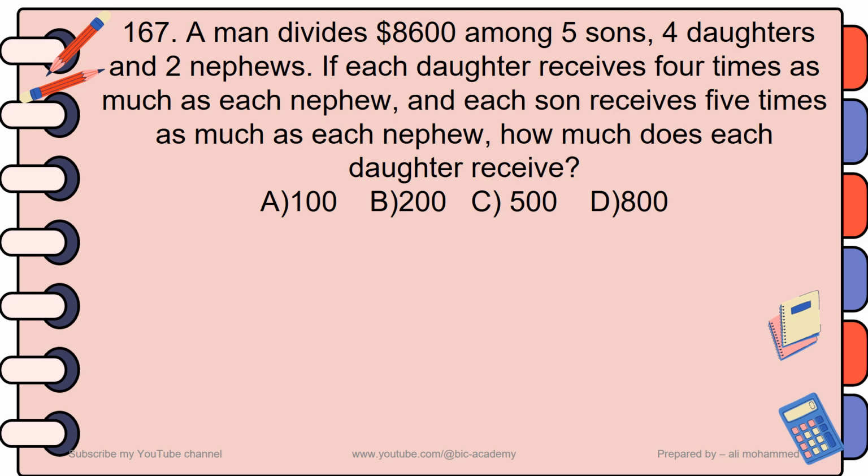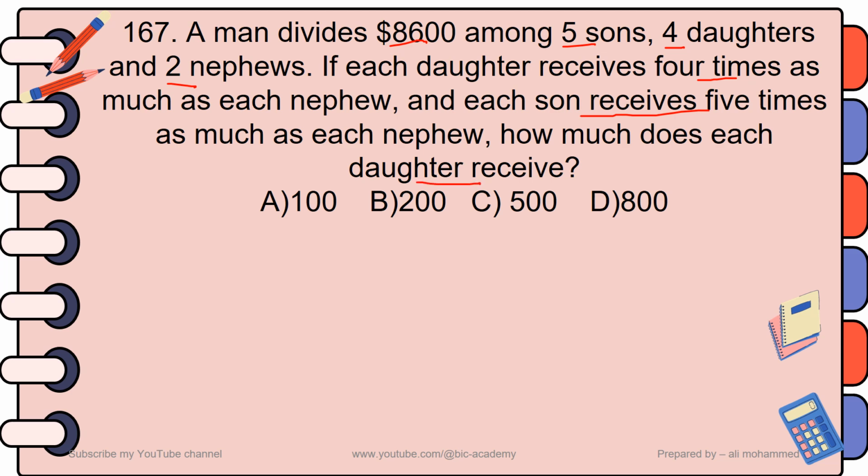Question number 167. A man divides $8,600 among 5 sons, 4 daughters, and 2 nephews. If each daughter receives 4 times as much as each nephew, and each son receives 5 times as much as each nephew, how much does each daughter receive?